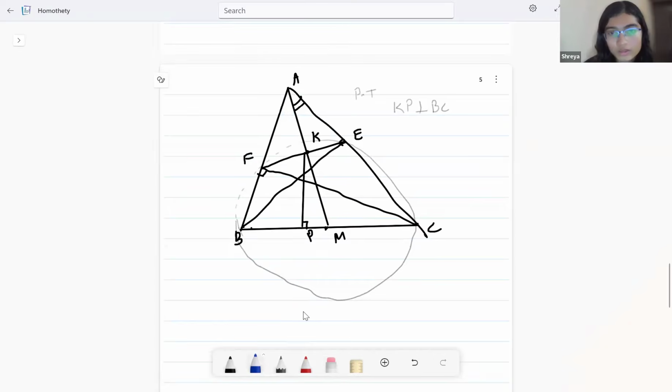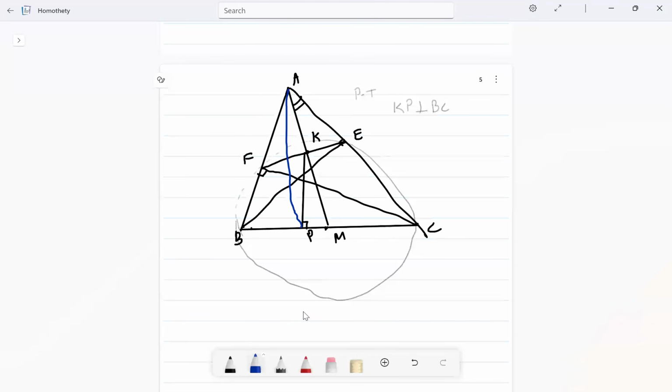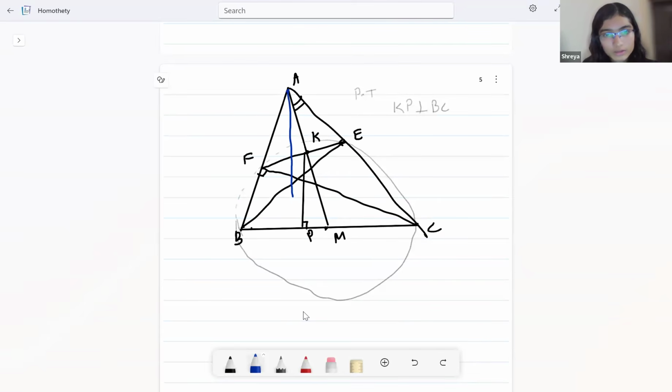E is the foot of altitude from B. This is not exactly straight, but it is not passing through it, so it's fine. That is why I was confused. Just believe me, it does not pass through H. They're different. I know this is a scuffed diagram.